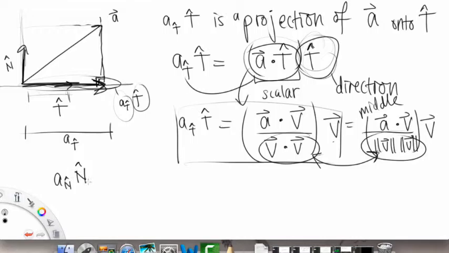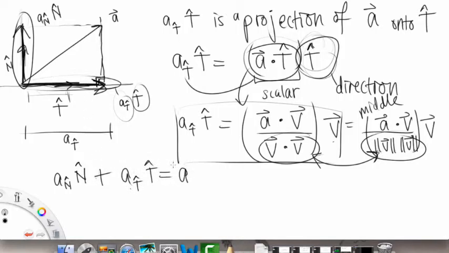So if we have this, then this big vector is going to be a sub n hat times n hat. So that's this component plus this component, and it's going to equal the vector that we started off with, our big diagonal one.